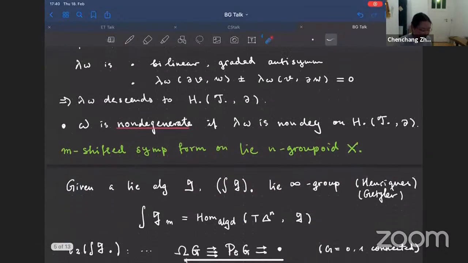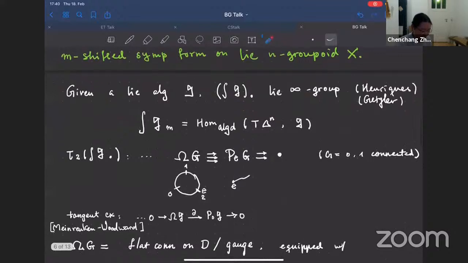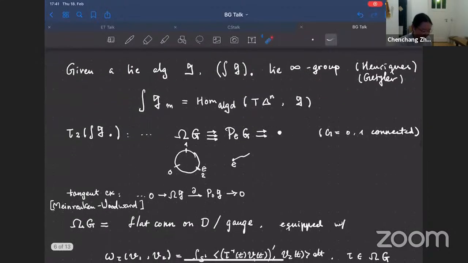And now, yeah, so now let's go to this BG example. And we take, so let's arrive at this Lie 2 group, right? We take a Lie algebra, and we take the integration infinity group that is defined.